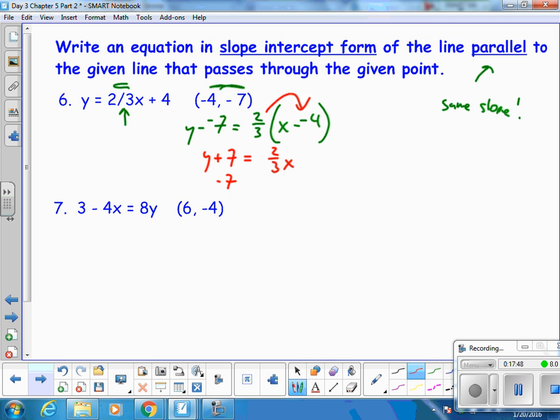We need to do 2/3 of positive 4. Okay, so 2/3 of 4. I'm going to look at this as, it's going to help me. I take the 4. That's going to be 8/3. Now I can subtract 7 from that. This is the part where I take the 7 and look at it as 21/3.